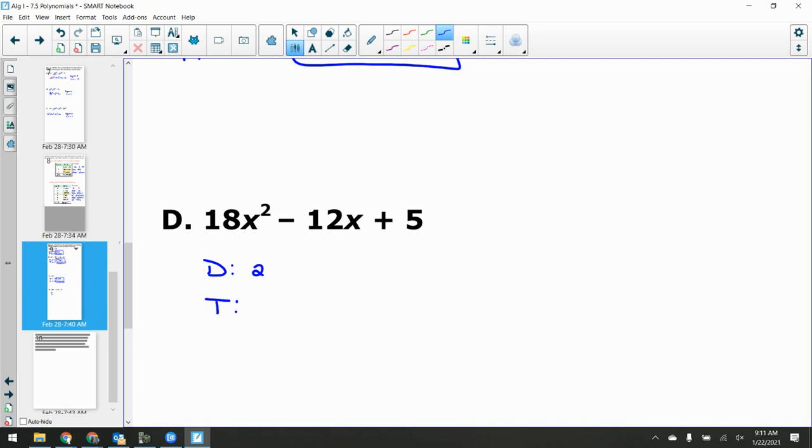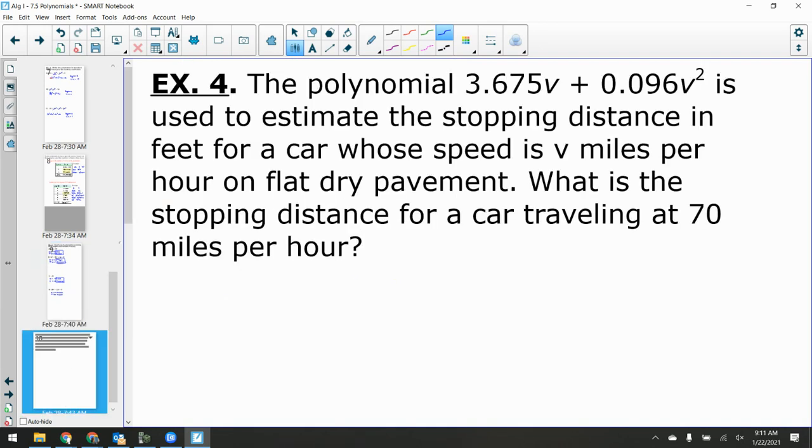And what's my number of terms? 3. So what would you call this, David? Good. Quadratic trinomial. Quadratic trinomial. All right, last one here.